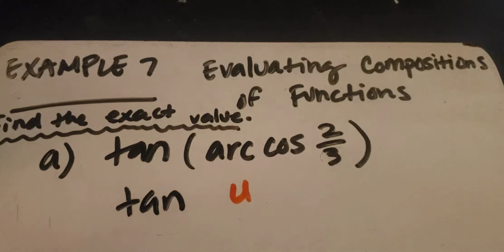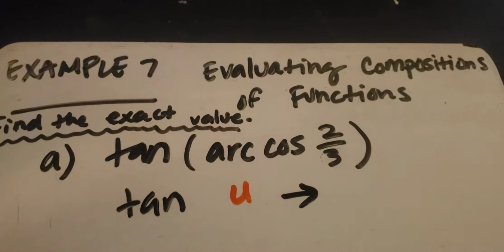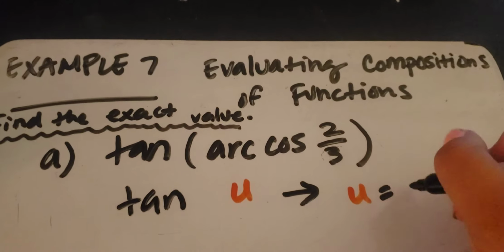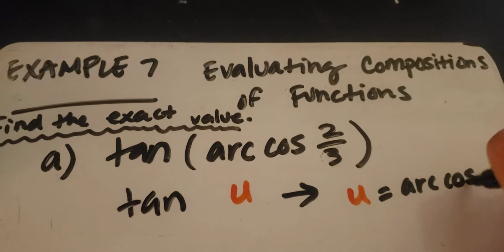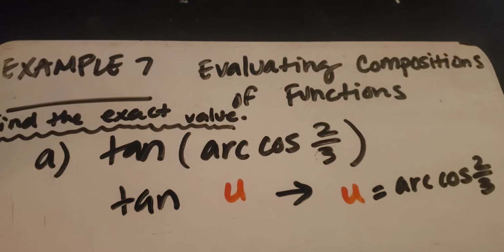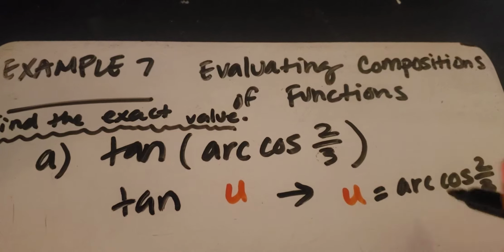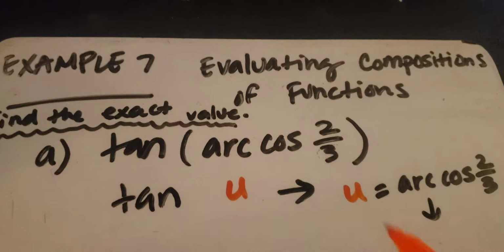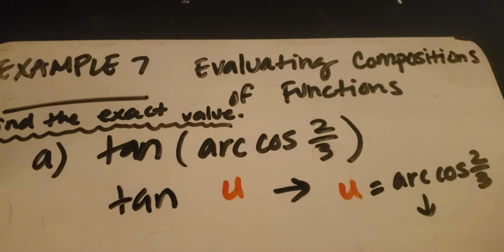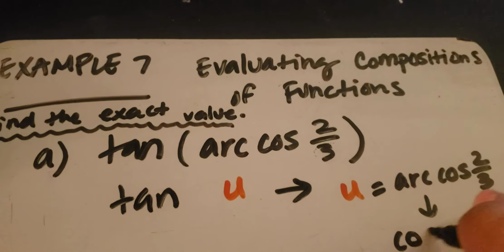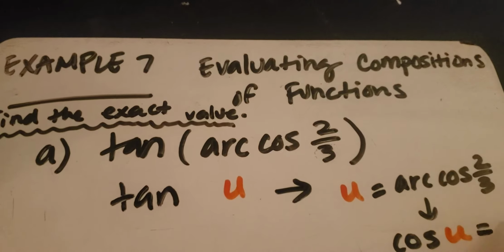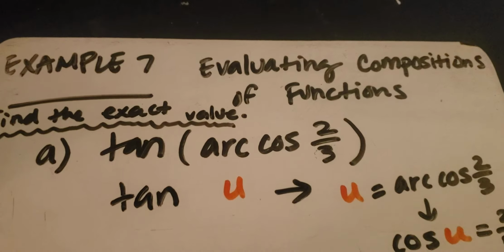So basically what that means is that u is going to represent arc cosine of 2/3, okay? Or you can say this actually means the same as saying cosine of u should equal 2/3, okay?